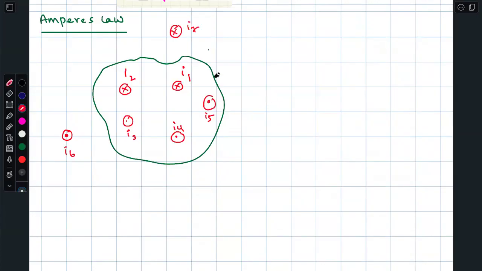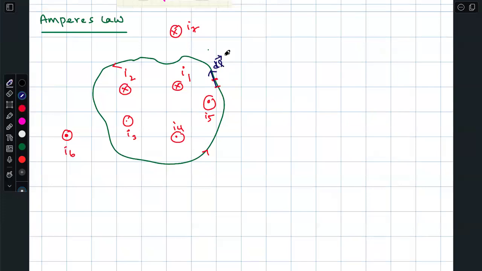Right. Now you take a small element on this path. I am going in anti-clockwise direction, and you take a very small element over here. Let that element be DL bar.